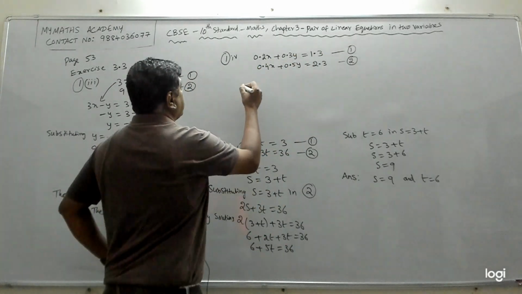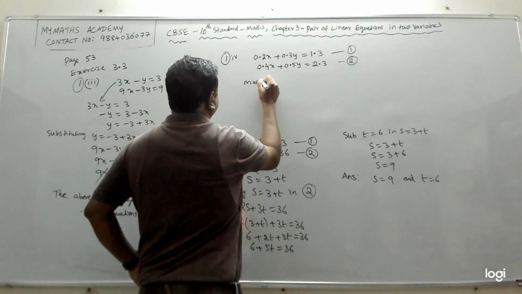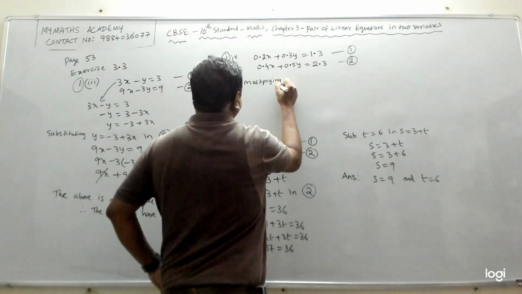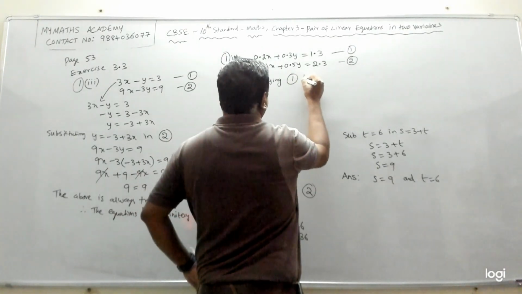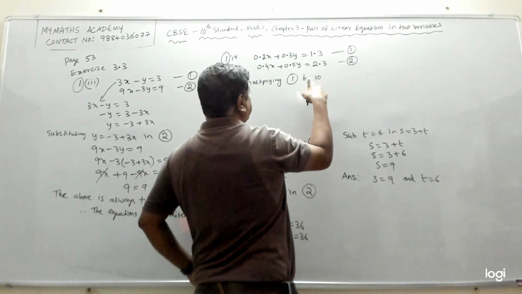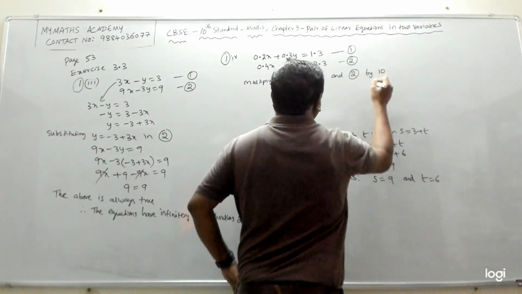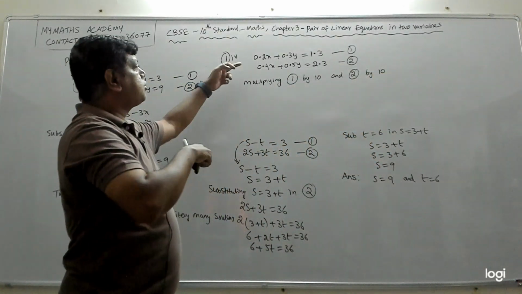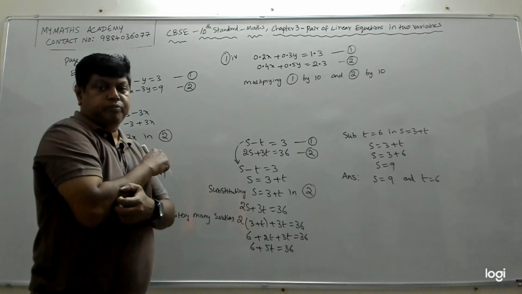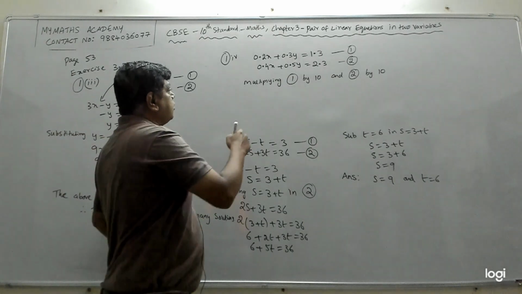So we'll say multiplying equation 1 by 10, and equation 2 also by 10. We are going to multiply equation 1 and equation 2 by 10, each term.